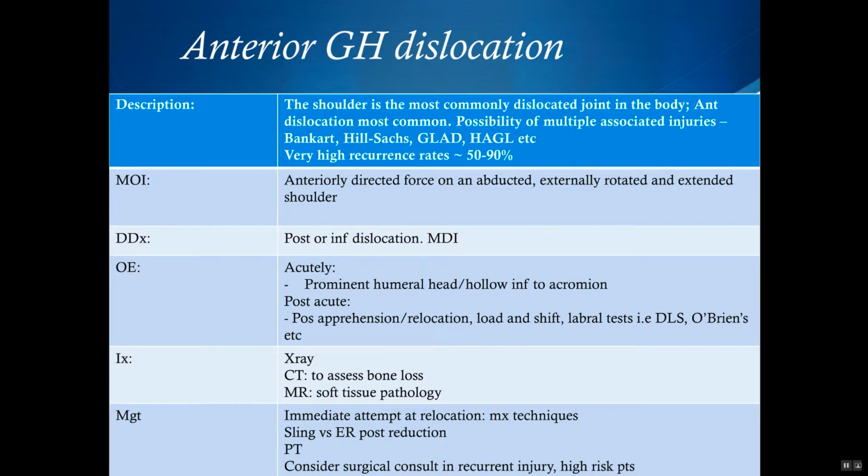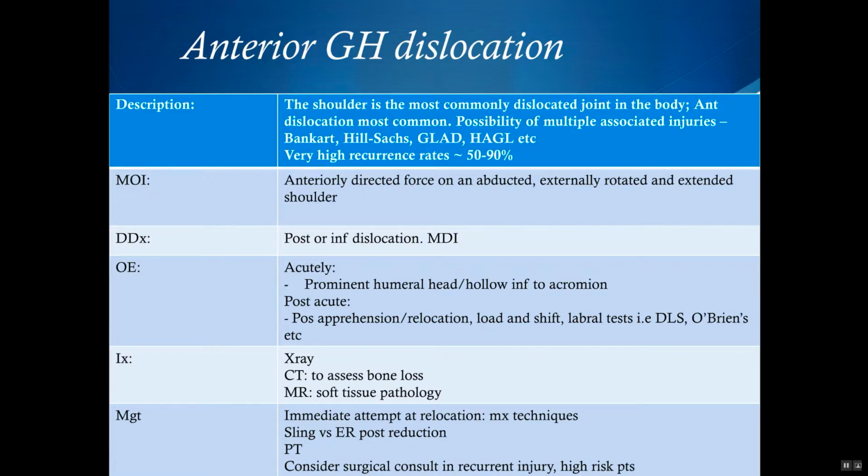Investigations that are useful would be an X-ray, potentially at the time of dislocation if available, prior to relocation, or post-relocation X-ray views to assess for any bony Bankart or Hill-Sachs lesions. If there's concern about a large Hill-Sachs or Bankart lesion, a CT scan can further assess any degree of bone loss or bone injury, and then an MR or MR arthrogram can be used to assess soft tissue pathology.